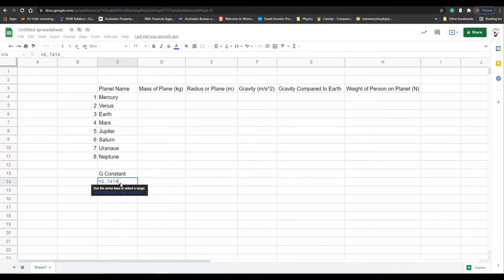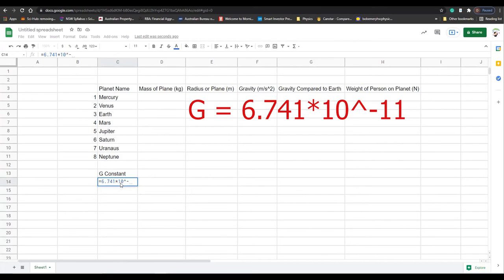Times, it's a very small number, 10, and it's an exponent. So if we want to write that exponent, we use this character, and it just happens to be that this constant has been calculated to be to the power of -11.